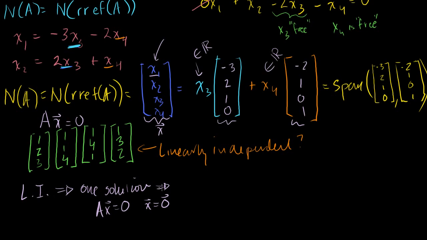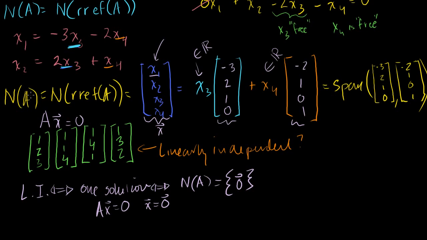Or another way to say that is that the null space of my matrix A is equal to just the 0 vector. That's what linear independence implies, and it goes both ways. If my null space is just the 0 vector, then I know it's linearly independent. If my null space includes other vectors, then I am not linearly independent.